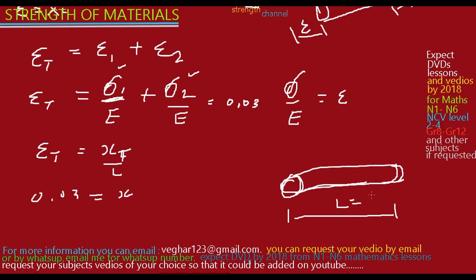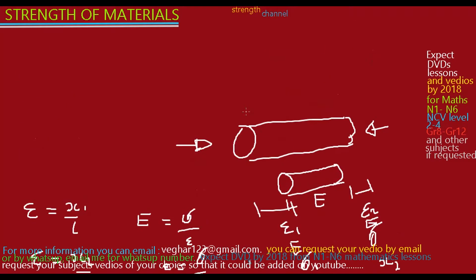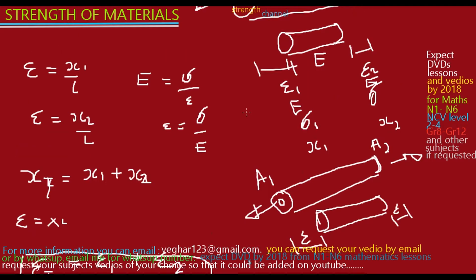Then your length, they can say it's 2 meters, and this is total, right? So you put your 2 meters, then you find your total. There are many ways to find this problem. It depends on what you know, what we understand.